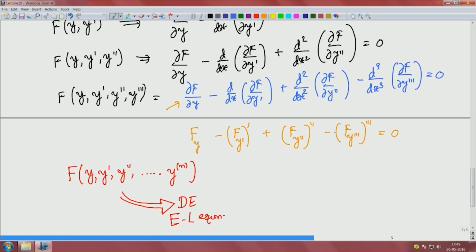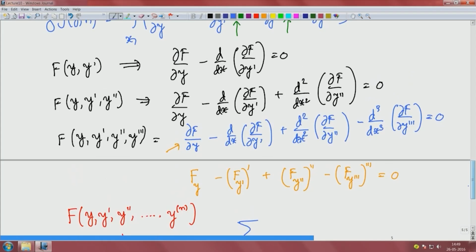I can write all of these one at a time, or I can do it in the form of a summation, going up to n derivatives. When I had only one derivative, I had d/dx of ∂f/∂y prime. Now we have 2, then there will be 2, 3 and so forth.